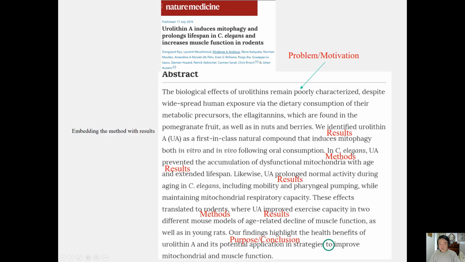They say they used C. elegans here, but not as an independent sentence, because in this sentence they did not give you the exact number, how long the increase is, 30%, 20%. They give you just the overall concept. That's why I say you can consider this as a conclusion as well. The whole sentence is rather short and uses a simple word, to improve. So this is a technique I think is very good for us to learn.